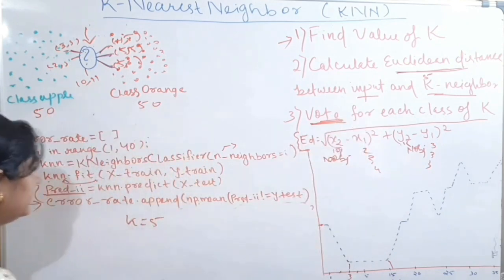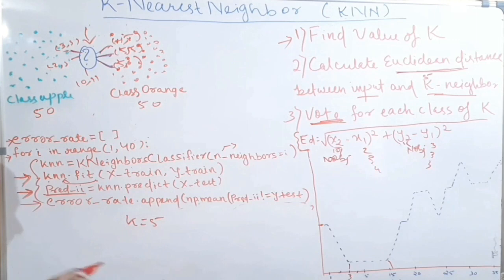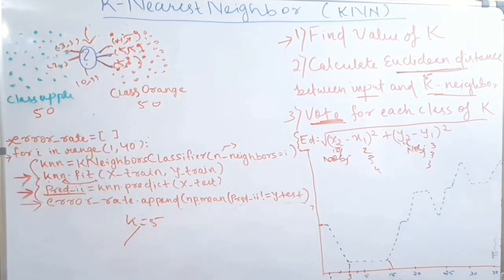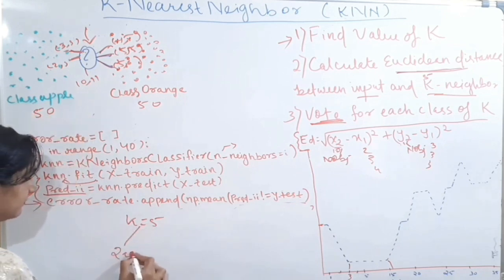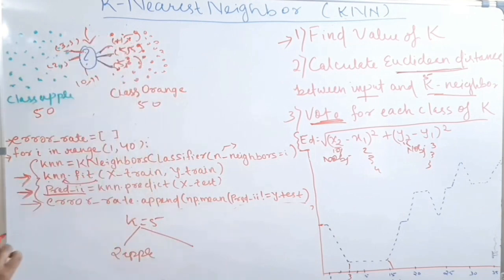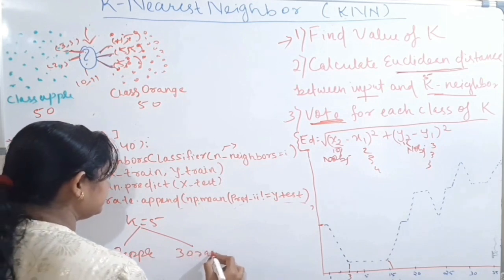What will it vote on? Here I have taken K equal to 5. You can see there are 2 nearest neighbors that belong to the apple class, so the vote is 2 for apple, and 3 nearest neighbors belong to the orange class, so 3 for orange.